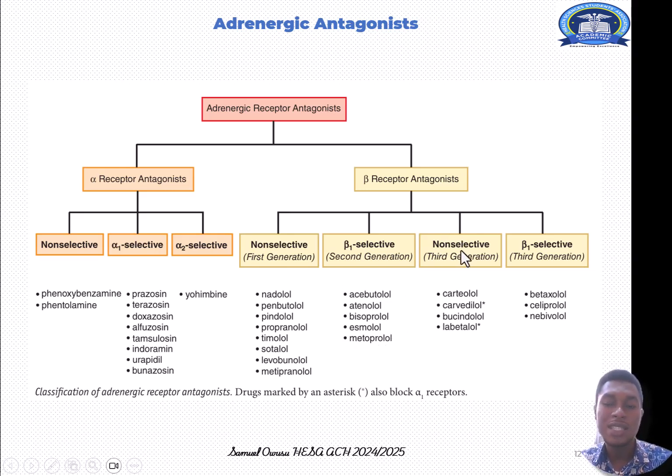Then the non-selective third generation drugs have a combined effect, so they also block alpha 1 receptors. Examples are carvedilol and labetalol. Remember, A-lol, D-lol, so there's no O-lol in it. Then we have beta 1 selective, which are also third generation: betaxolol, celiprolol, and nebivolol. Nebivolol, remember, the N and the O are for nitric oxide release.